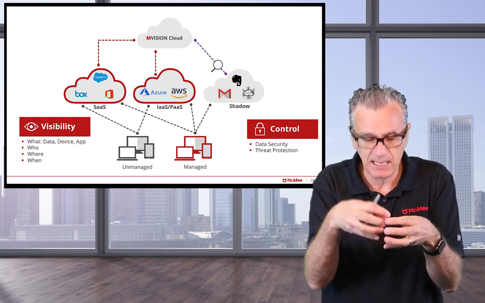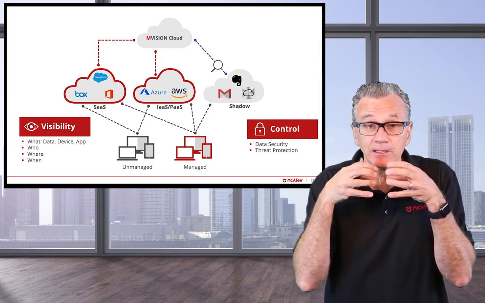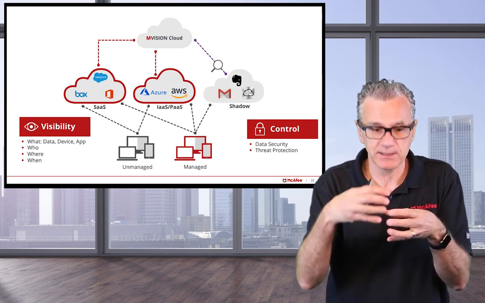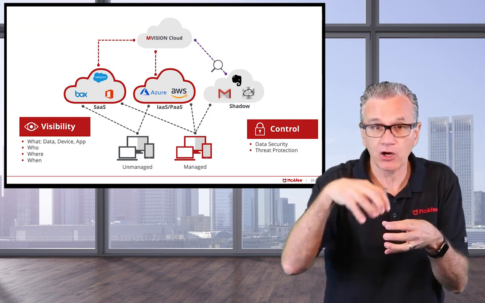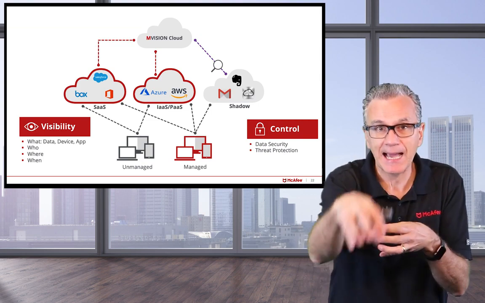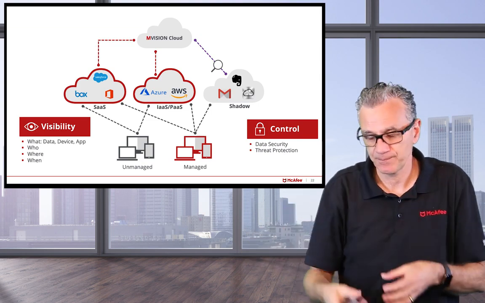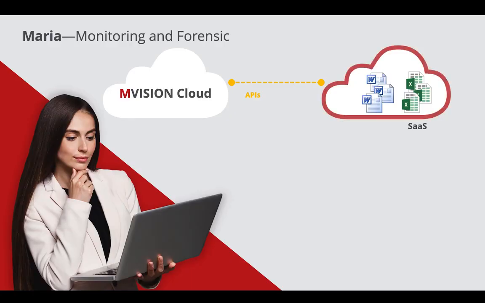You set your policies in Envision Cloud, and Envision Cloud deploys and enforces those policies uniformly across SaaS services, IaaS, and shadow IT. So when you deploy it, Envision Cloud connects to your Office 365 and other collaborative applications through APIs, and immediately scans all your files at rest and looks where your confidential data is.